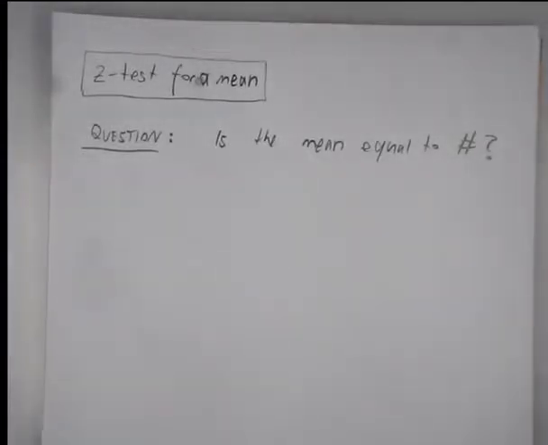The most common place to see it is when you ask, is the mean weight of a packet of nuts equal to what it says it is on the packet? That's the most common place you'll see it, because that's where this sort of test is actually used.